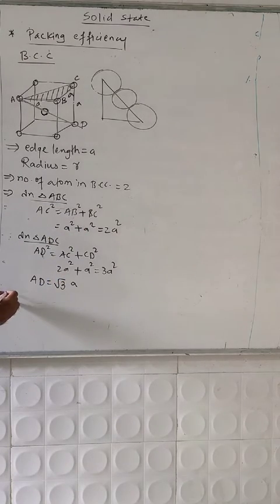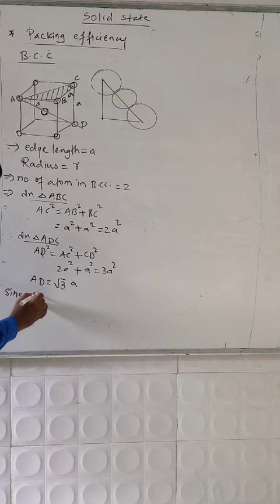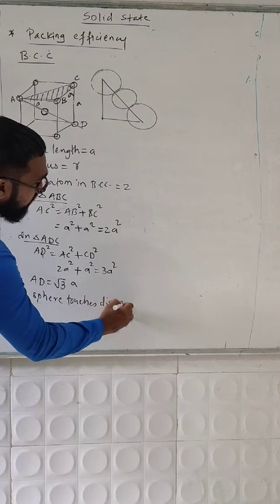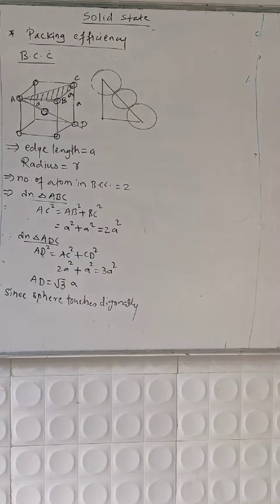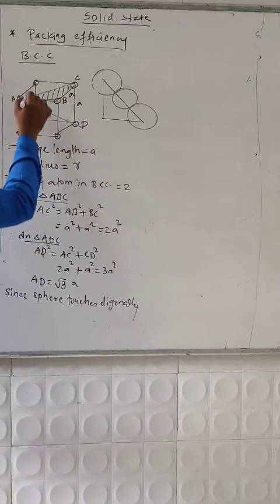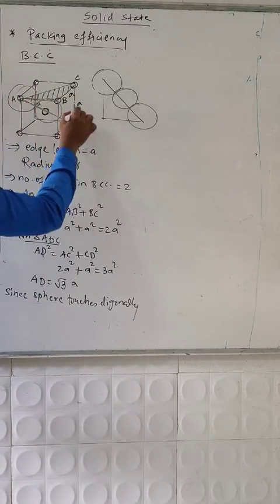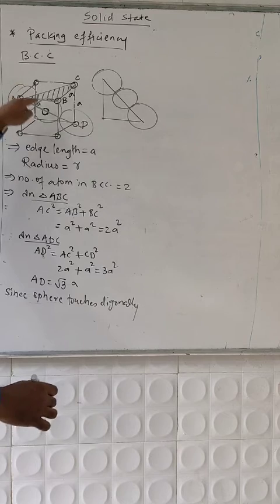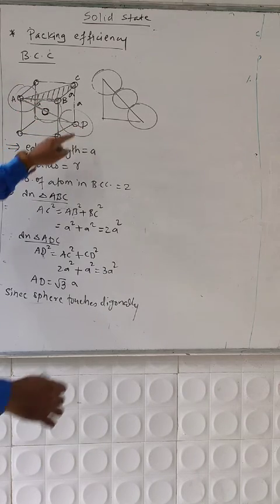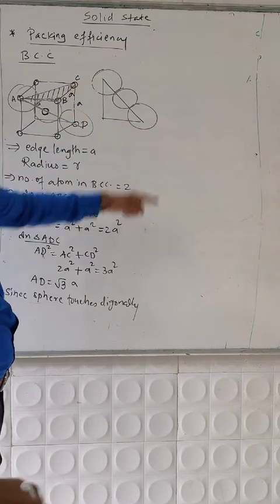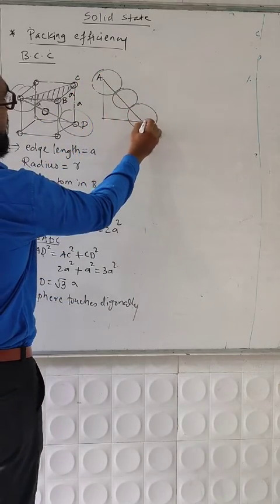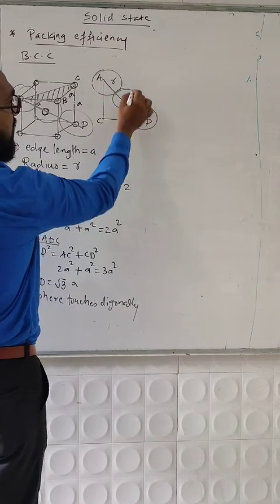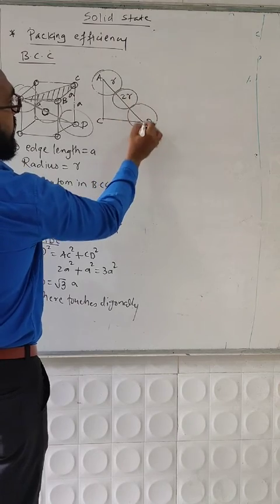Now, since spheres touch each other diagonally, if I increase the size like this, this is a front face sphere, this is the middle sphere and this is the corner sphere. They touch each other like this. So this is A, this is D and this is C. Here this sphere has radius r, the middle has 2r and this sphere has r.